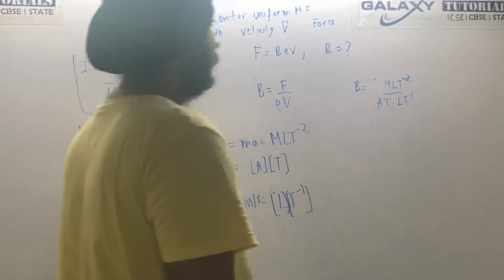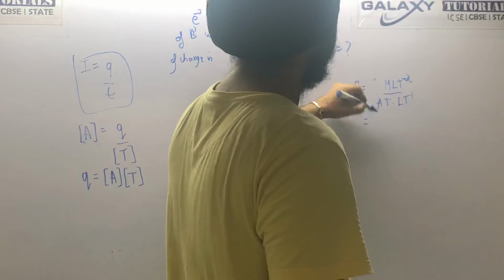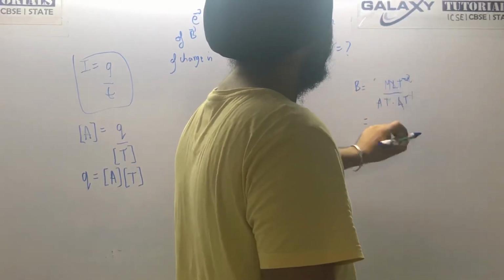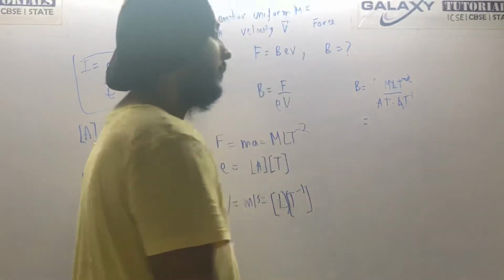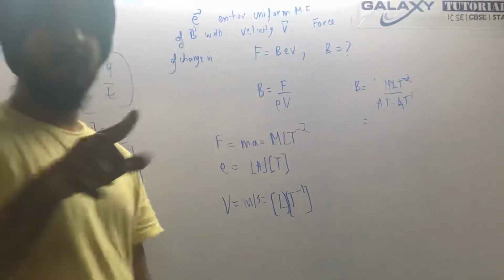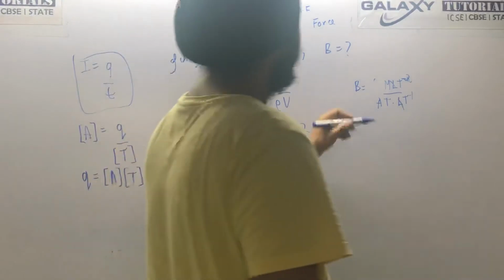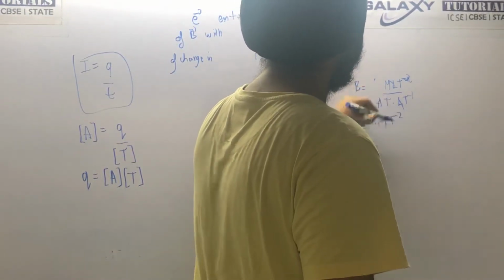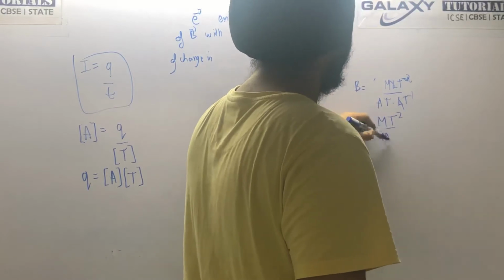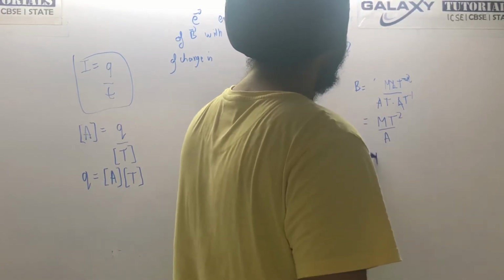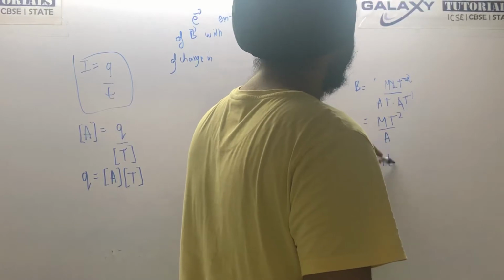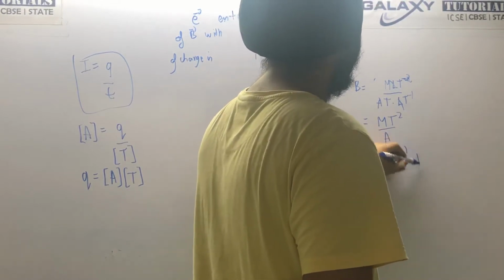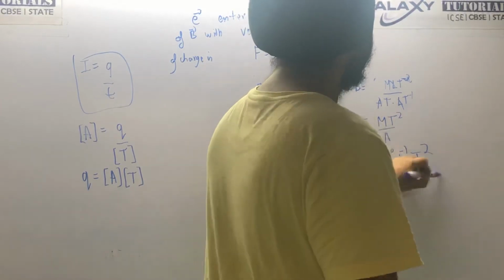Now calculate this. L and L will be cancelled. T into T raised to the power minus 1 will be 1, because T into 1 upon T is 1. So what is left is M T raised to the power minus 2 upon A, or you can write it in this form: M L0 A minus 1 T minus 2, and this is your answer.